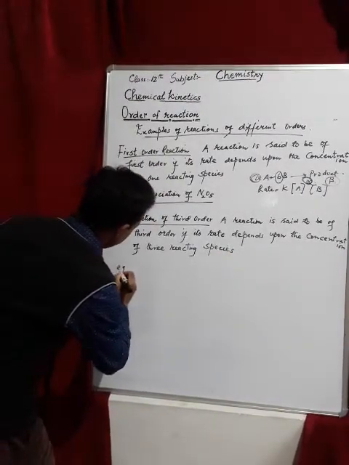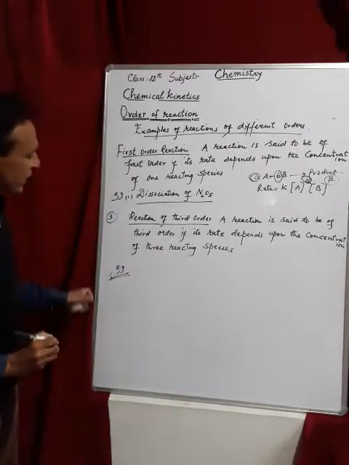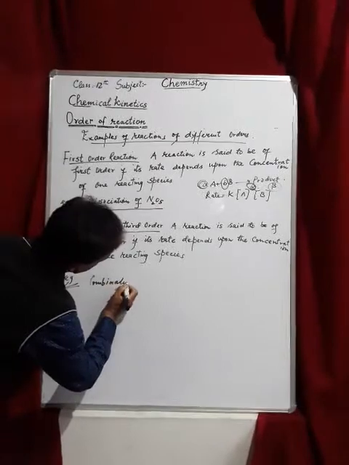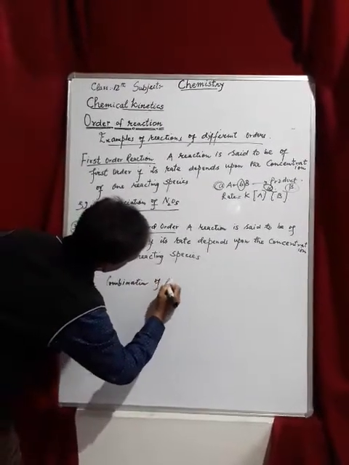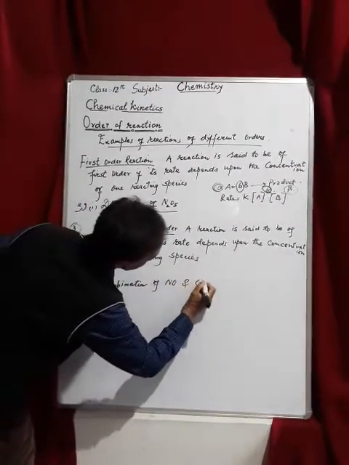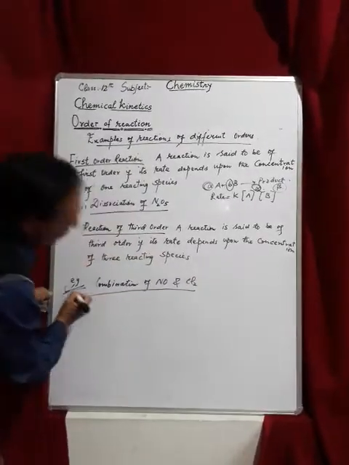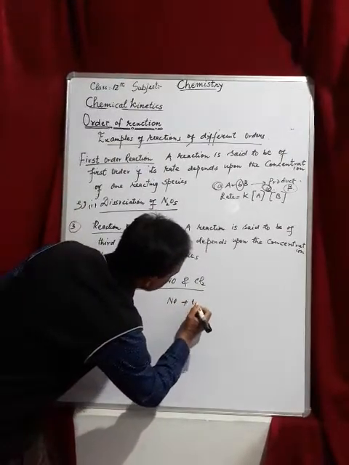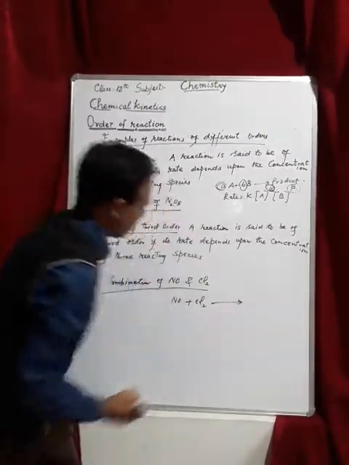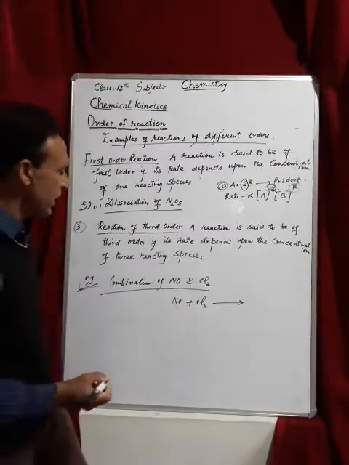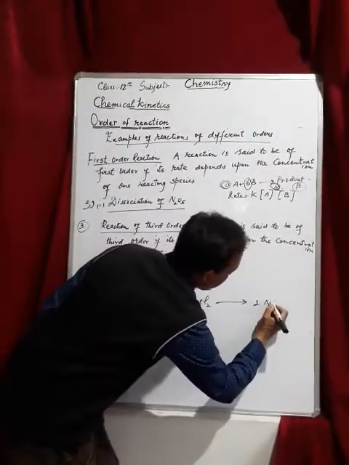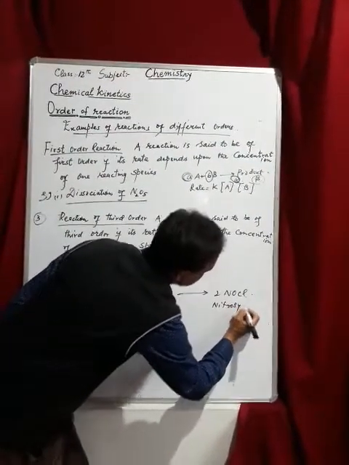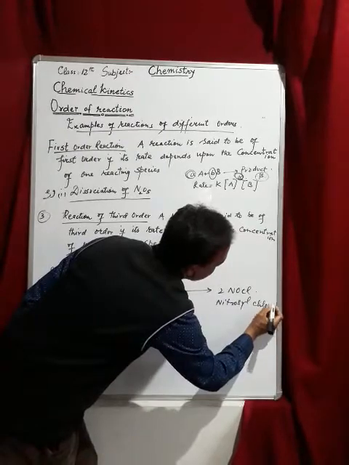Example: combination of NO and Cl2. Nitric oxide and chlorine combine and form twice NOCl, nitrosyl chloride.